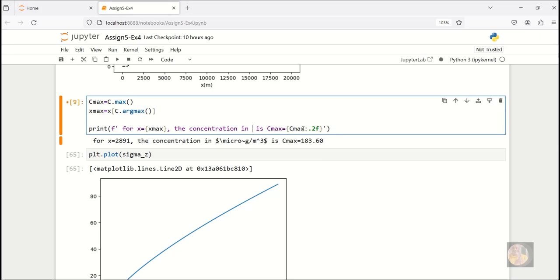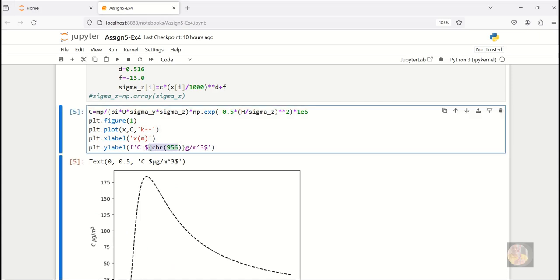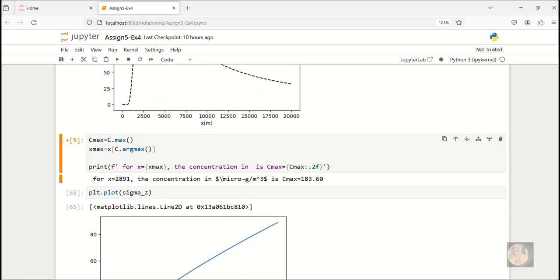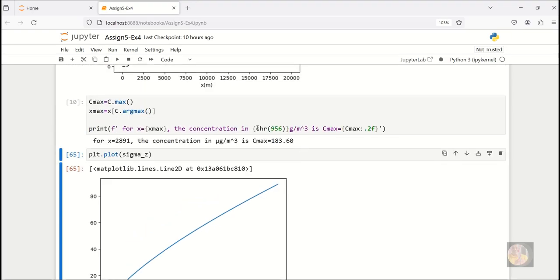So I can use directly this. Okay. Microgram per.